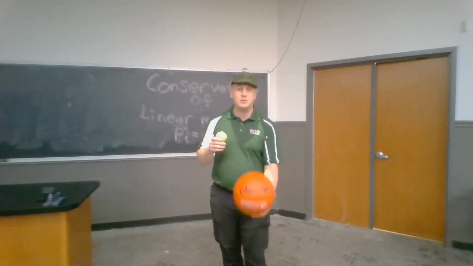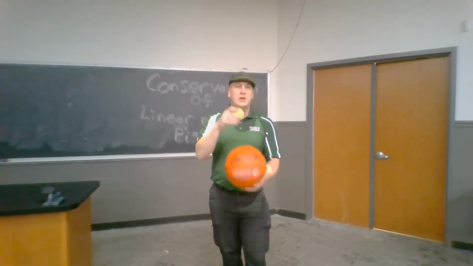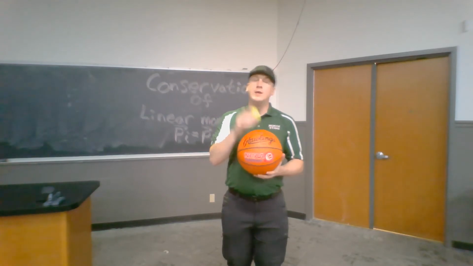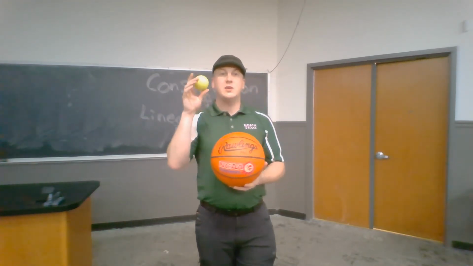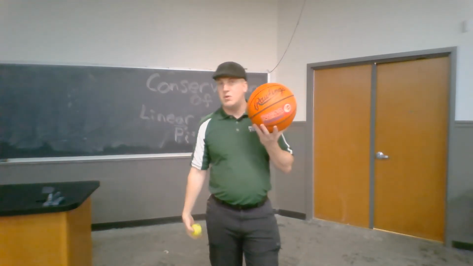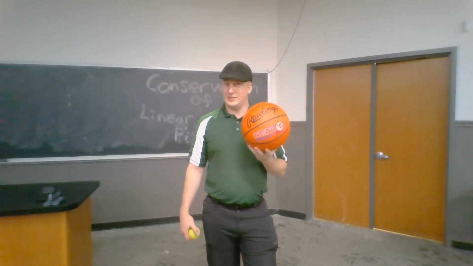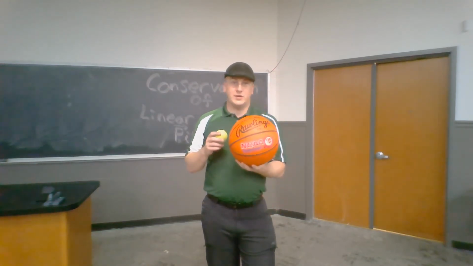So now this basketball is coming back up, and the tennis ball is coming down, and they're going to collide. The tennis ball is going to have some initial velocity pointing in the negative y direction, but the basketball, being more massive, is probably going to be bouncing back with a much greater velocity in the positive y direction.